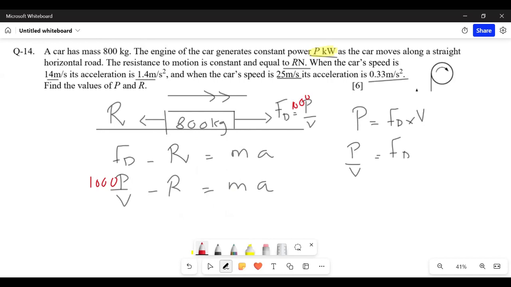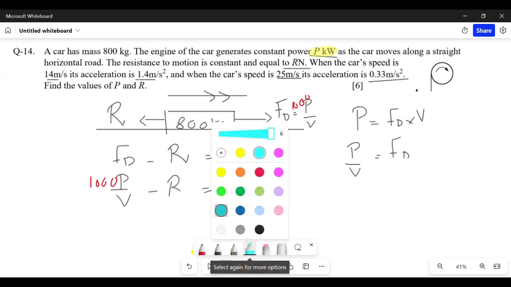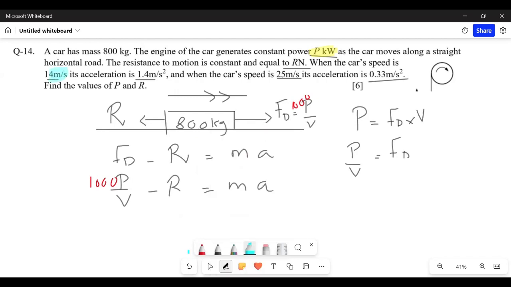We have the speed for the first case and the acceleration 1.4. So 1000 P upon V, which is 14, minus resistance is equals to mass, which is 800, and acceleration, which is 1.4.